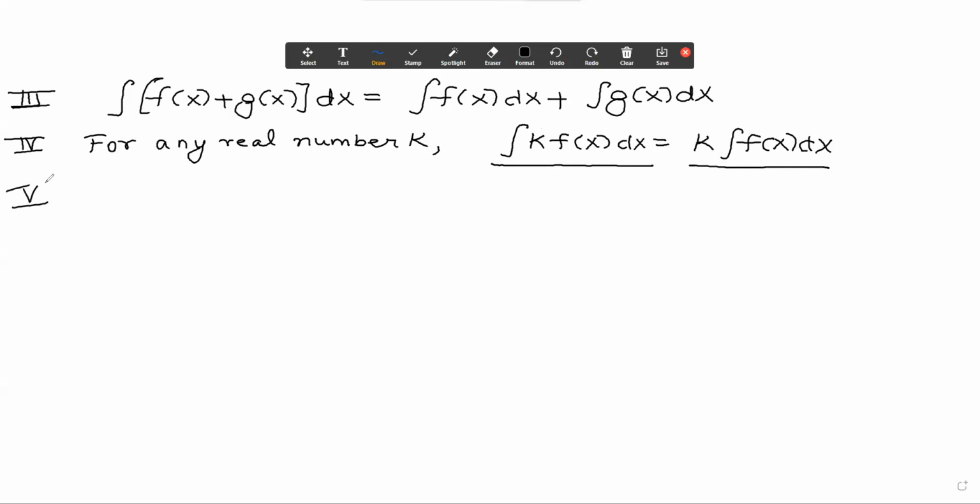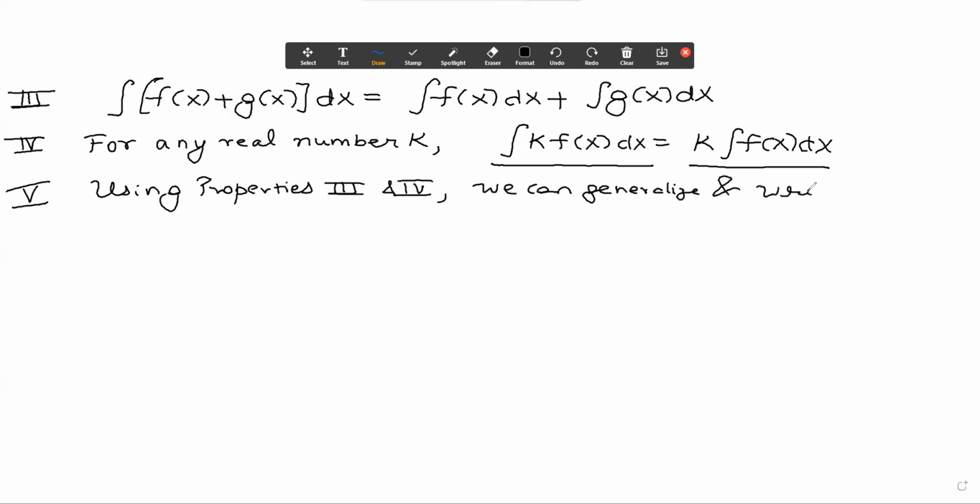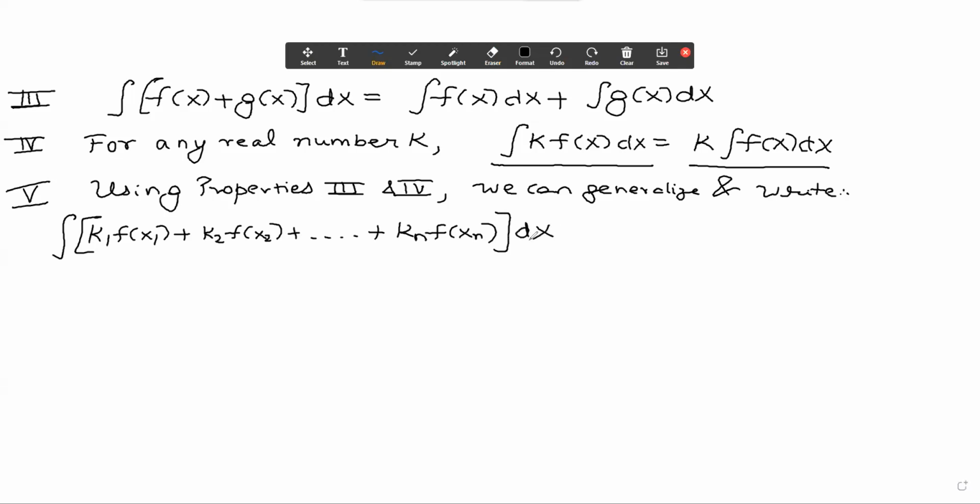Okay. Fifth property, so I can say using properties 3 and 4, we can generalize and write integral of k1 into f of x1 plus k2 into f of x2 plus dot dot kn into f of xn dx is equal to k1 into integral.